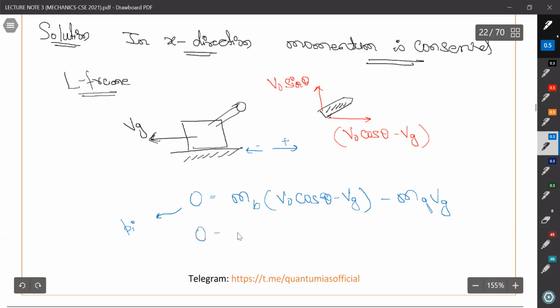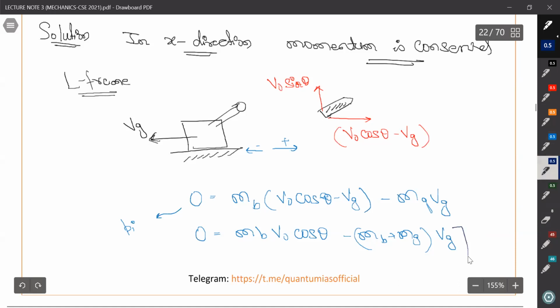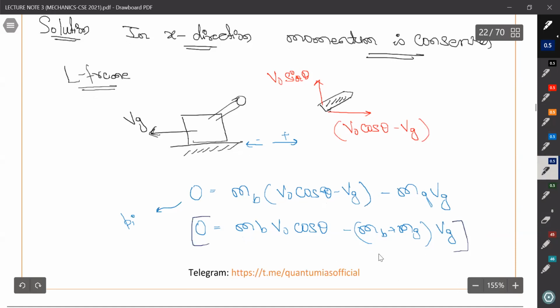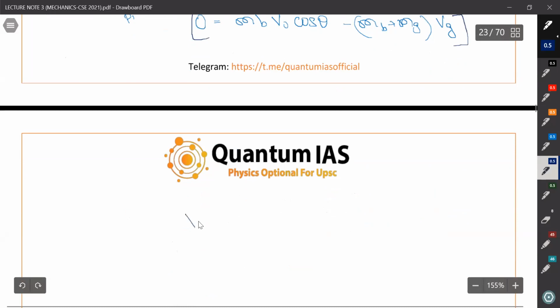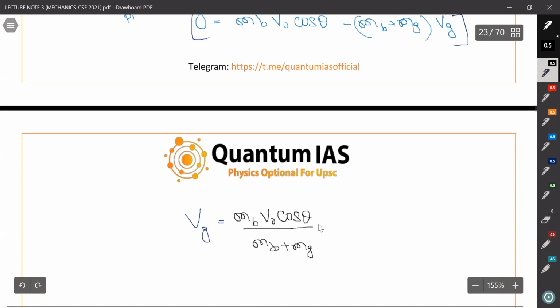This becomes mb v naught cos theta minus (mb plus mg) times vg. So the velocity of the gun equals mass of bullet times v naught cos theta upon mass of bullet plus mass of gun.